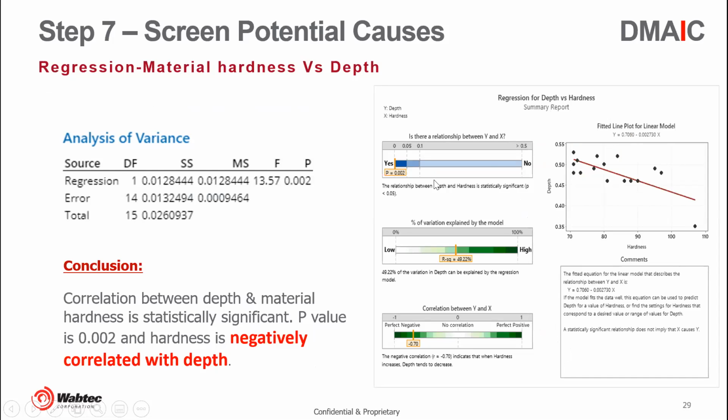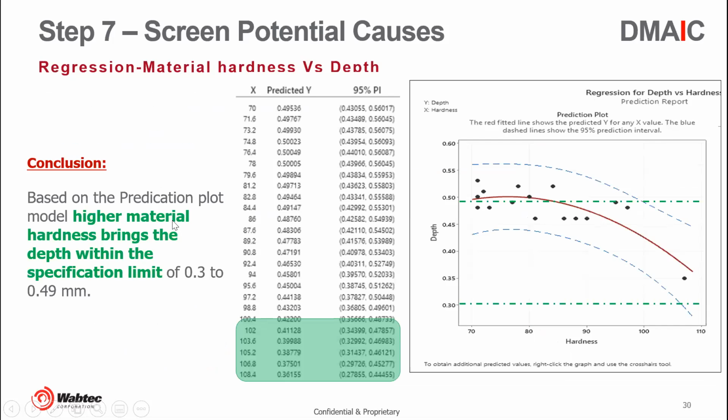Which means, if you see over here, higher material hardness was bringing the depth within the specification limit if you move from above 100 to 108 BHN, and the specification limit was 0.3 to 0.49.